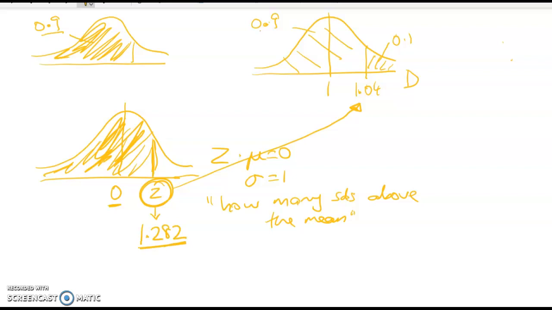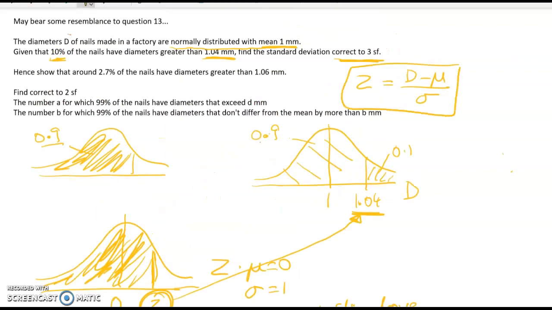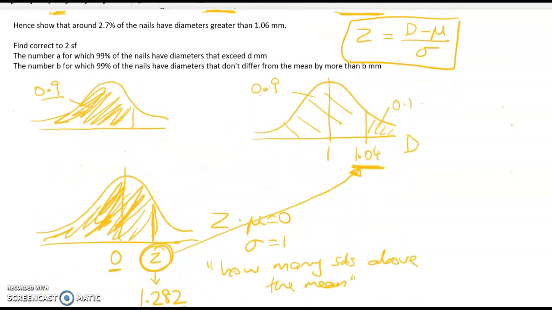And that means that I can translate 1.04 by using this formula here, right? So that means that I can say (1.04 minus 1) divided by sigma is equal to 1.282. Or, in words, 1.04 is 0.04 above 1, and 0.04 represents 1.282 standard deviations, right?